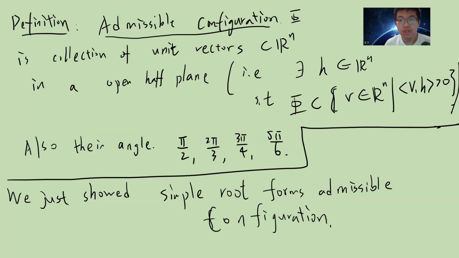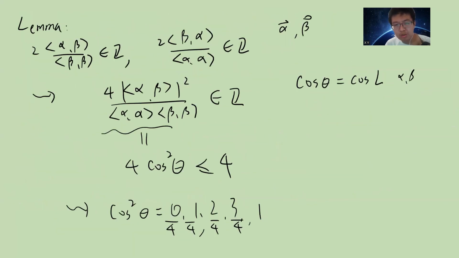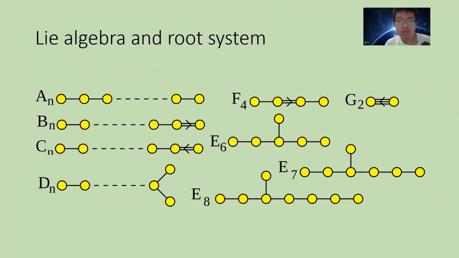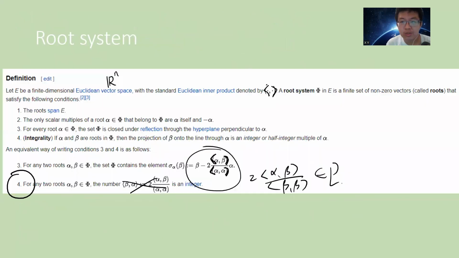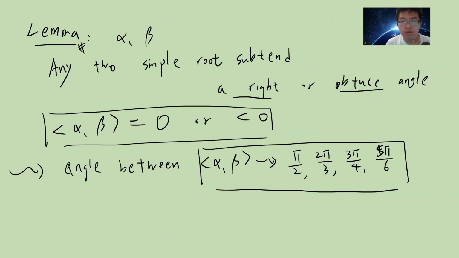Once we have this, the next time we can do the classification of these admissible configurations, and then we can show that all the possible admissible configurations are in the so-called Dynkin diagrams. The next time I will introduce the powerful tool to classify such objects.